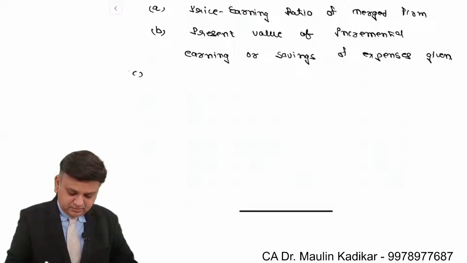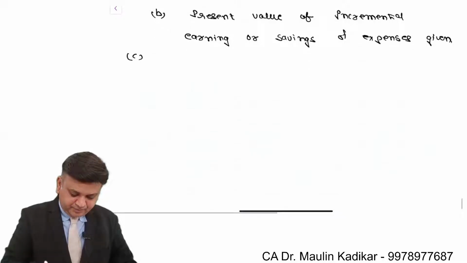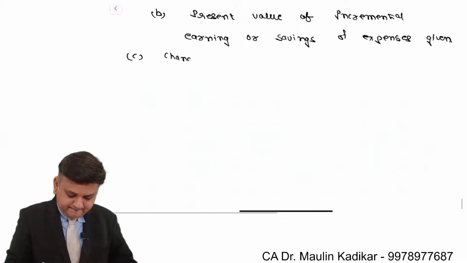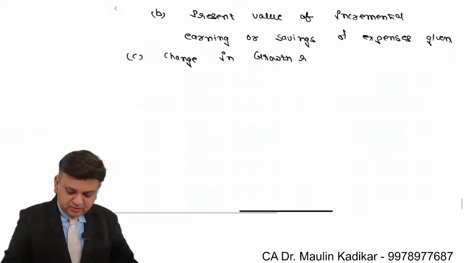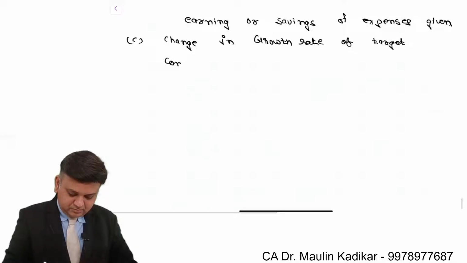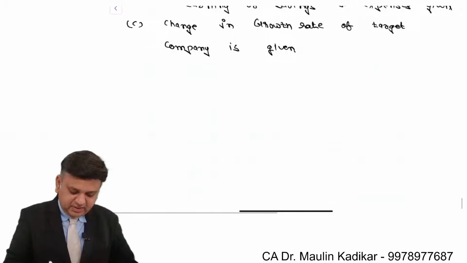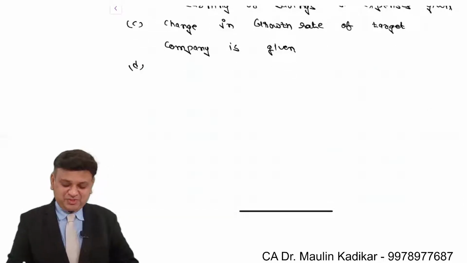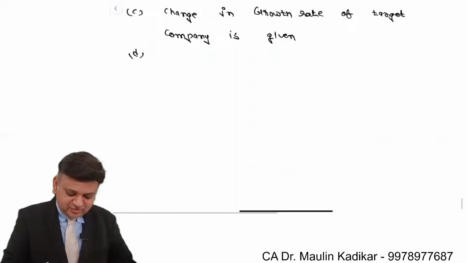C: change in growth rate of target company is given. D: the last situation is none of the above information is given.